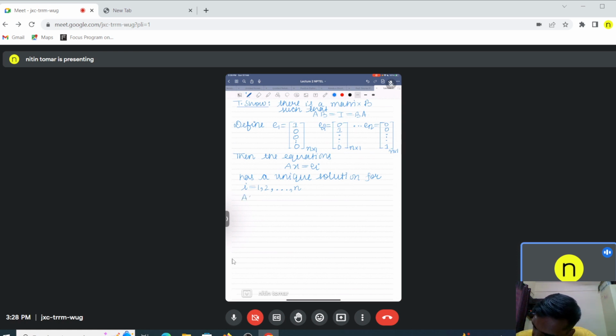So let us say there are two solutions. Let Ax equal to ei, and there is another solution y. Now can I write A of x minus y is 0? But we know by the given hypothesis x minus y has to be 0, right?